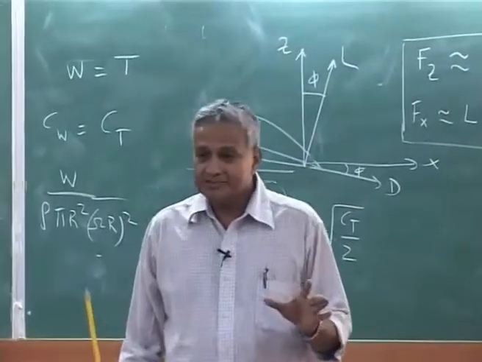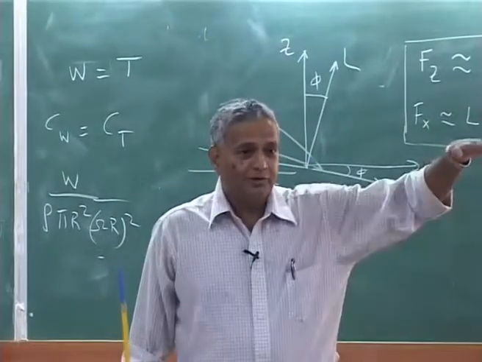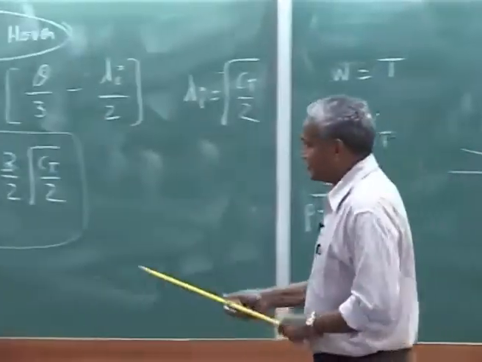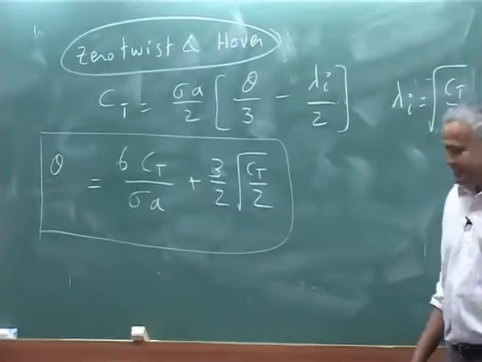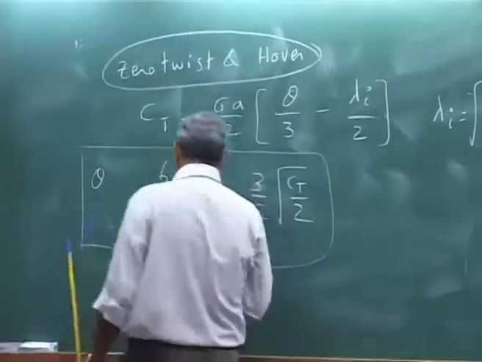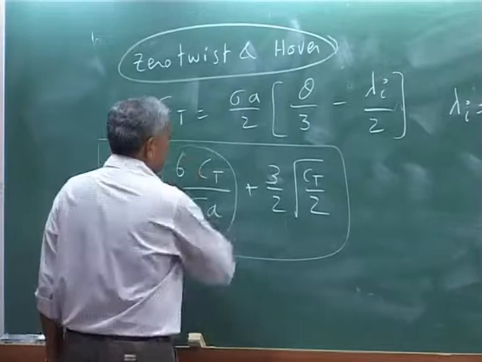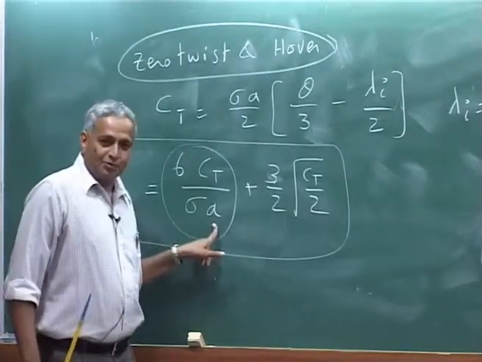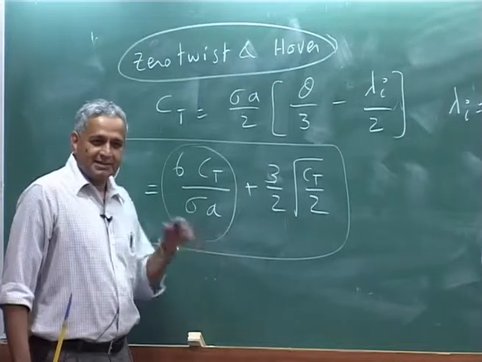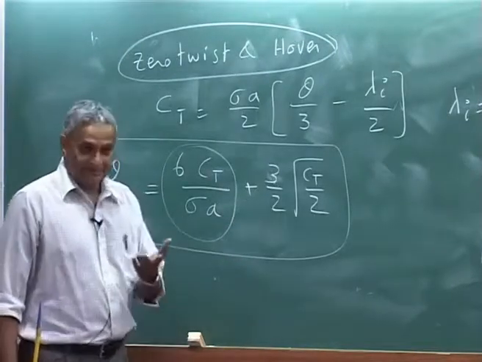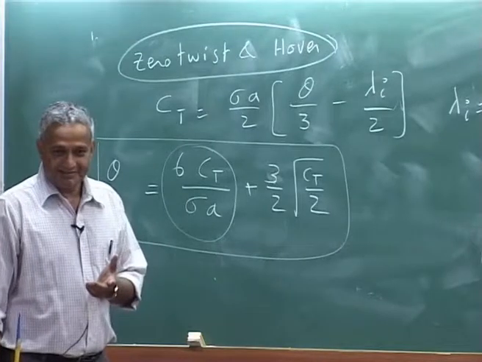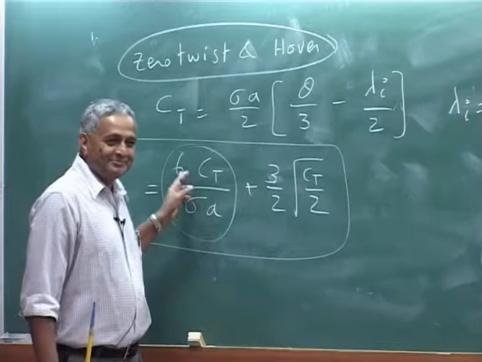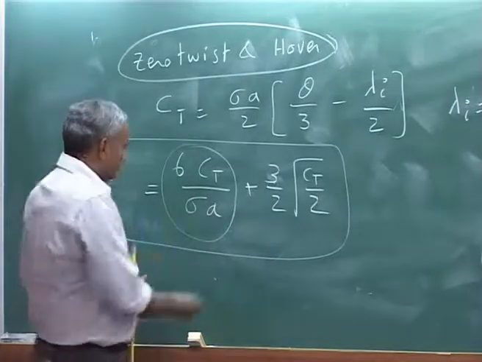I must provide for hover. You substitute the value here, this quantity. You know that A, the lift curve slope, has a theoretical value of 2 pi, which is almost close to 6. So, you knock this out.